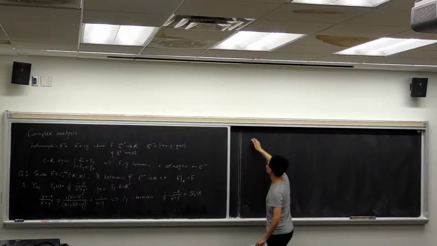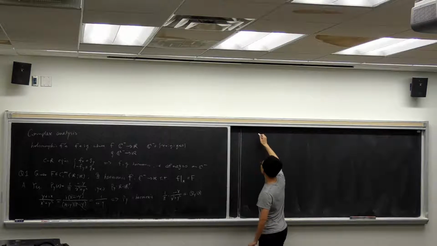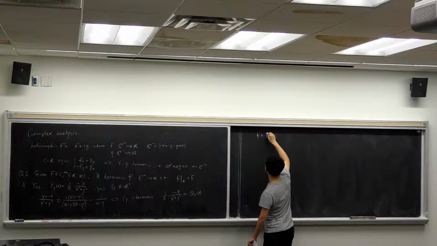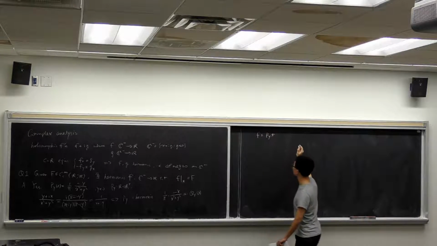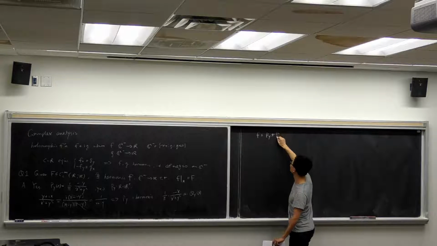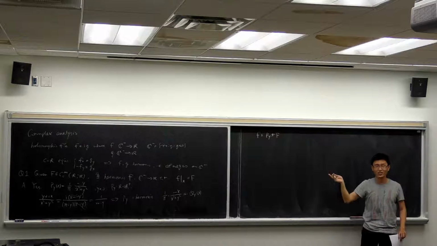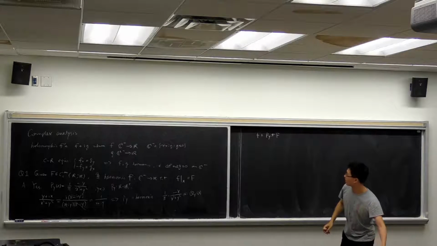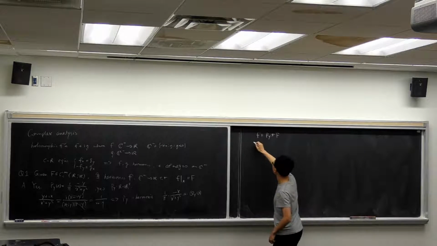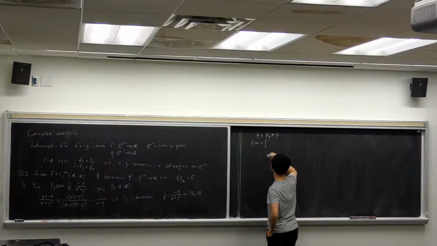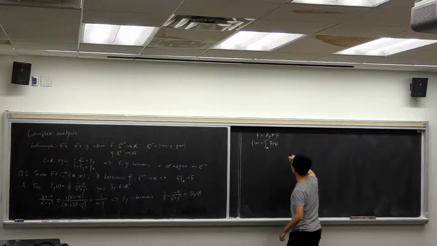Because then I would set f equal to the convolution between p sub y and capital F. And I claim that this is the function that I need. Because first of all, by the definition of convolution, this is going to be the integral over R of capital F of c.